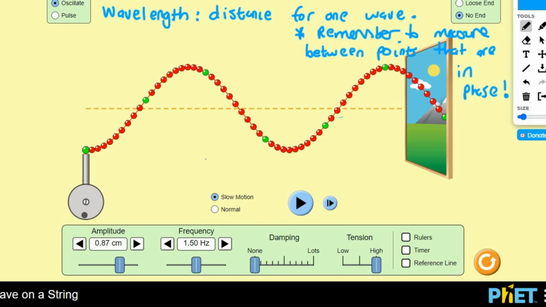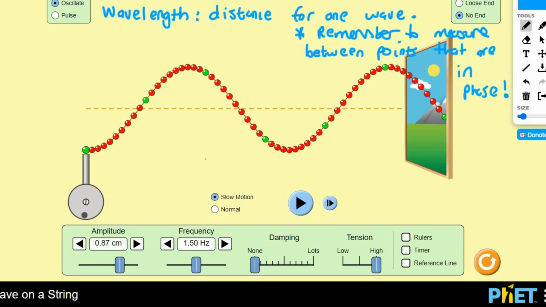For example, you could even measure the wavelength between this one, notice that here we are on our way up, then you could also take that one, because we are on our way up. Then that could be your wavelength, because this area and this area are in phase.